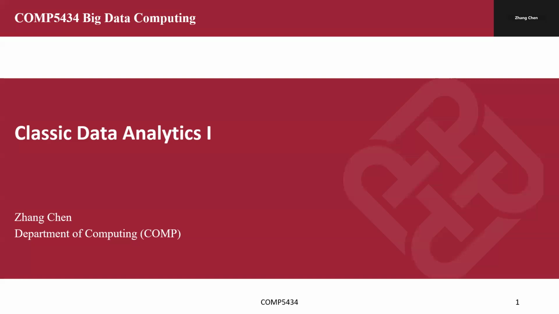So from now on we will be discussing different classical methods for data analytics, okay? We will study different methods and techniques to analyze and understand large data sets. They are considered the classic approaches. So what are the non-classic approaches?